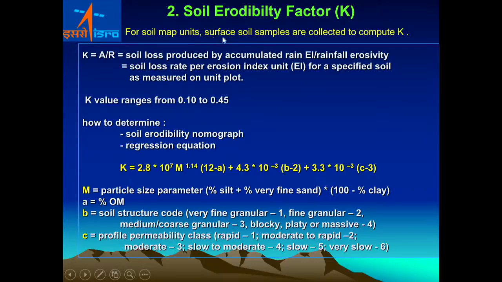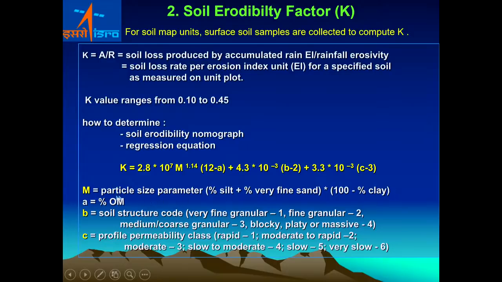You can collect the surface soil sample and calculate the K value using this formula, where it requires the M parameter, which is related to particle size, meaning how much sand, silt, clay is there: silt plus very fine sand, and clay particles.